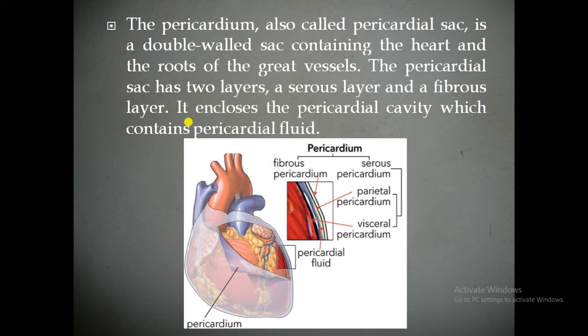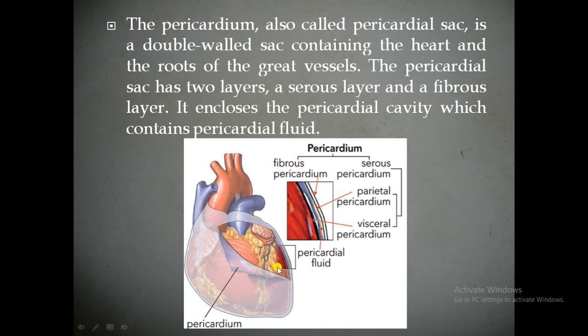The pericardium is a double walled sac. In the image you can see very clearly it is a double walled sac. It contains the heart as well as the roots of the great vessels. This pericardium consists of two layers.